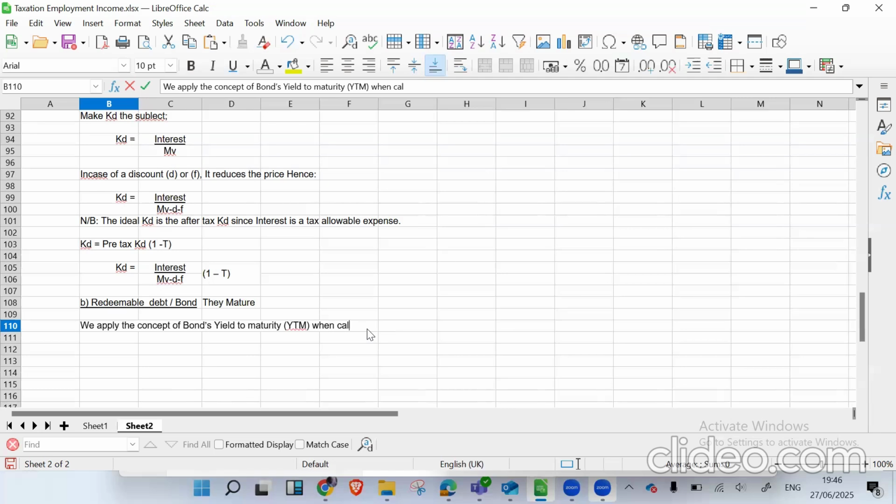When calculating the pre-tax KD of redeemable bonds, I'll just give the formula of YTM.